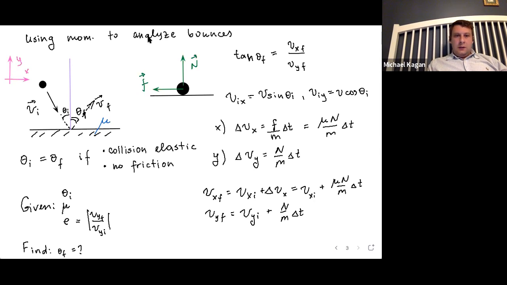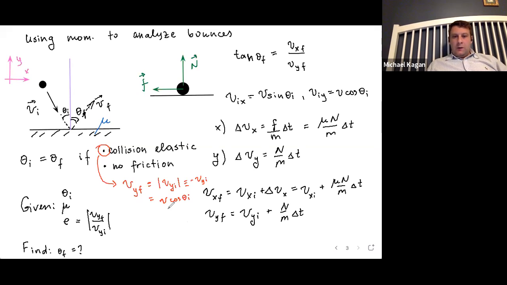So if we indeed make this assumption for now, then Vy final is positive, so it equals the absolute value of Vy initial, which is the same as negative Vy initial, and this is equal to V times cosine theta initial.